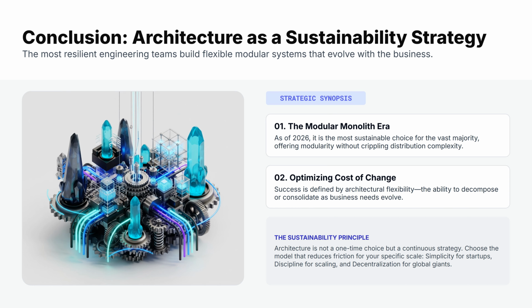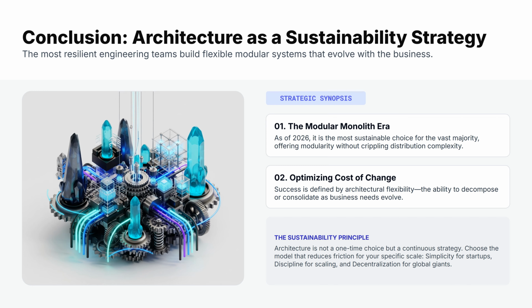As of 2026, the modular monolith has taken center stage as the most sustainable architecture for the vast majority of software products, providing the essential benefits of modularity and domain isolation without the crippling complexity of distributed operations. Ultimately, the best architectural choice is the one that reduces the cost of change for your specific organization.